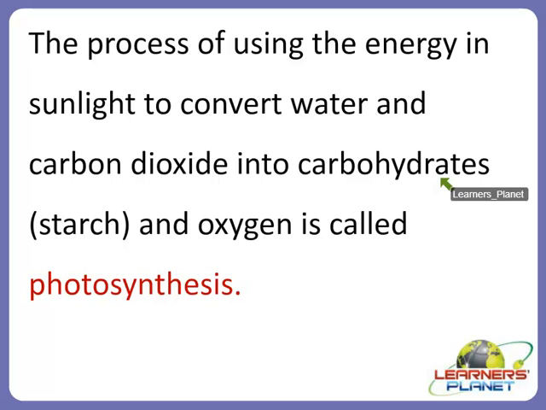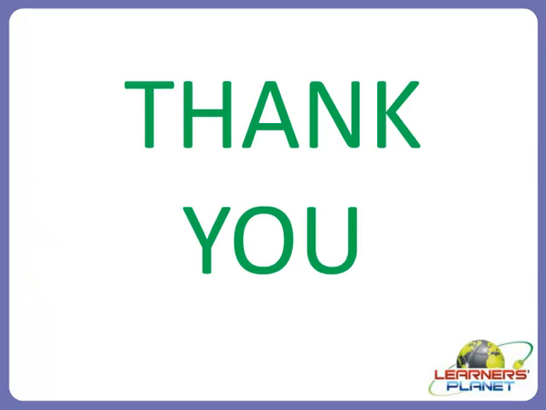Carbohydrates means it is made up of carbon and hydrogen. So carbohydrates, that means the starch which is synthesized by the green plants, and oxygen released out is called photosynthesis. So this is the process known as photosynthesis.